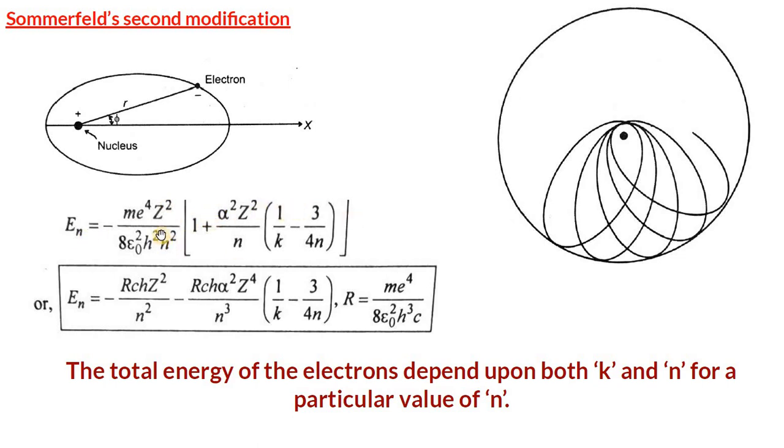In this energy expression, both n and k terms are present. That means the energy of a particular level, for n equals 1, n equals 2, E1, E2, doesn't only depend upon the n value, it also depends upon the k value, because both k and n terms are present in the energy expression.